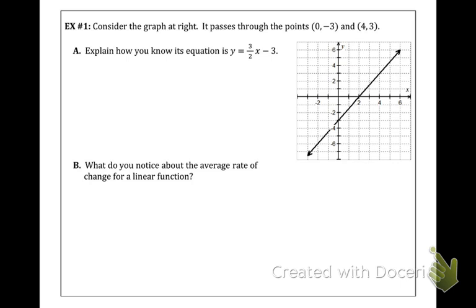For example 1, here we have a linear graph that passes through the points (0, -3) and (4, 3). Explain how you know its equation is y equals 3 halves x minus 3. Where did the 3 halves come from in the equation?